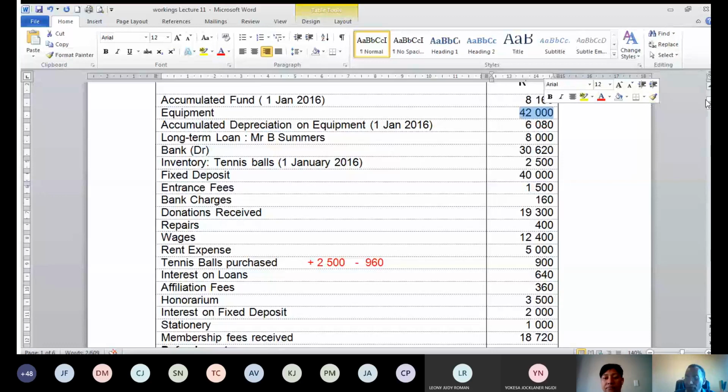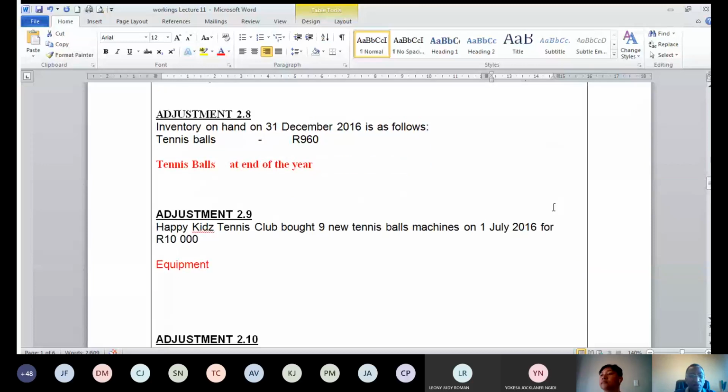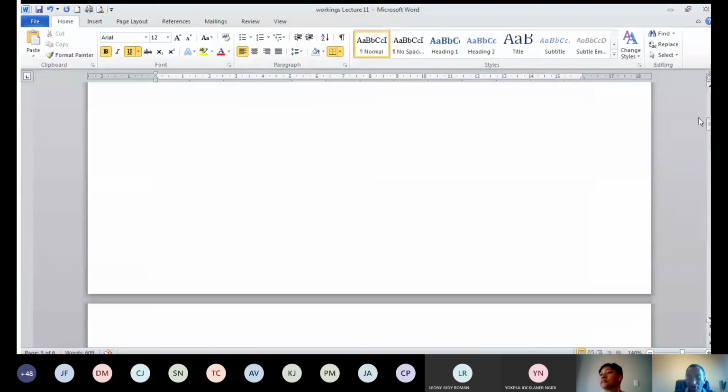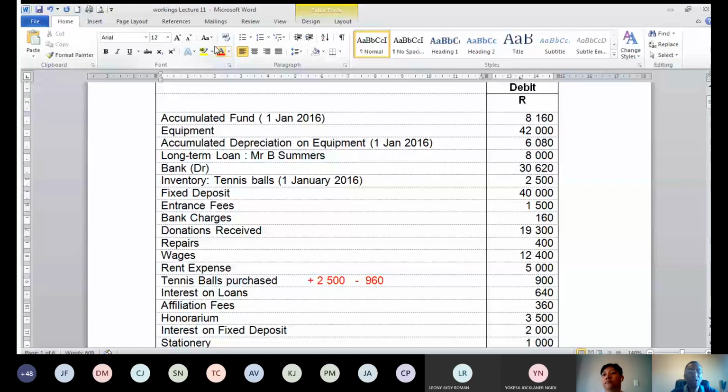Your adjustment tells you that during the course of the year, on the 1st of July 2016, you bought equipment for 10,000 Rand. So you need to interpret this question as follows, guys. You need to say that your equipment of 42,000 Rand consists actually of new equipment that was purchased for 10,000 Rand, as well as old equipment of 32,000 Rand.